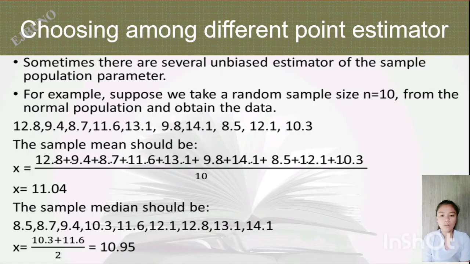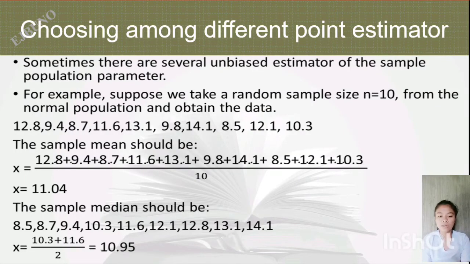The sample mean will be x bar equal to 12.8 plus 9.4 plus 8.7 plus 11.6 plus 13.1 plus 9.8 plus 14.1 plus 8.5 plus 12.1 plus 10.3 all over 10. So our sample mean will be equal to 11.04. The next one, we're going to find the sample median.